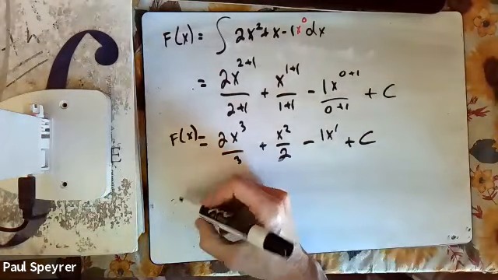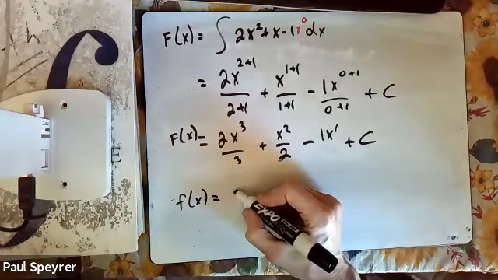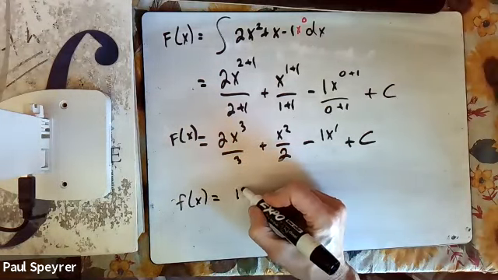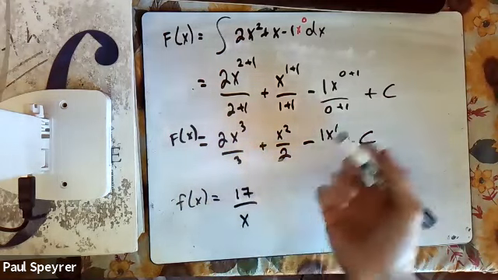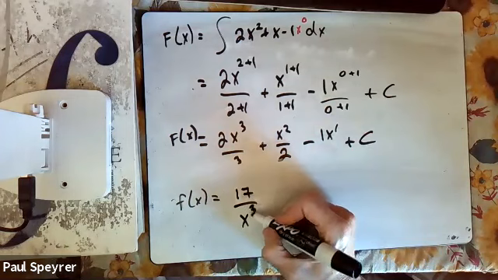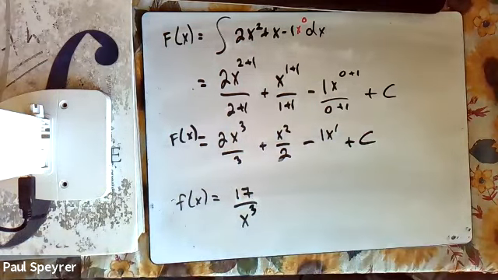What if I had something like this? F of x equals 17 over x cubed.